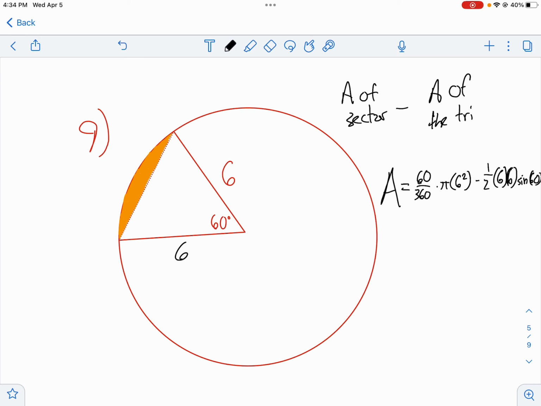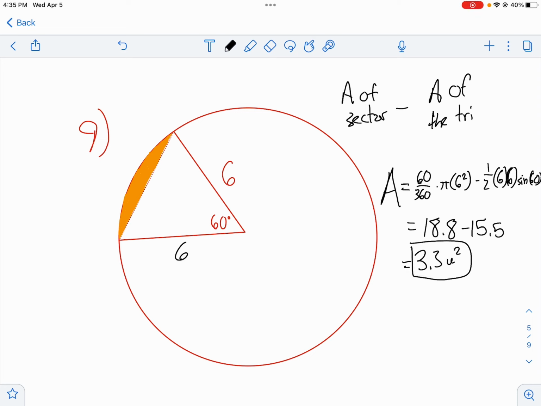So we take 60 over 360 times pi times 36. We get 18.8-ish minus 1/2 times 6 times 6 times sine of 60, which is like 15.5. So I take that 18.8, subtract 15.5, and I get 3.3 approximately. And that's in units squared, right?